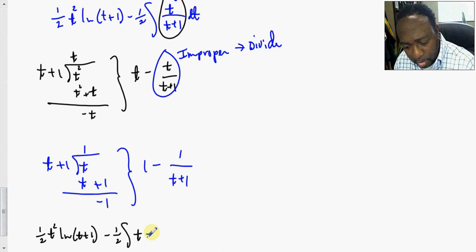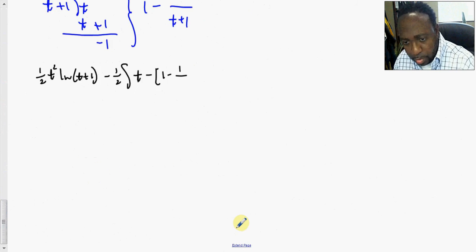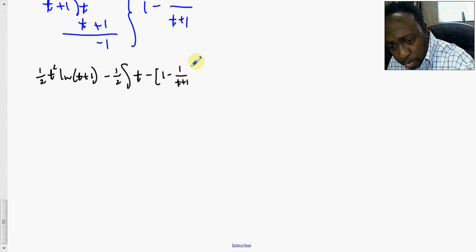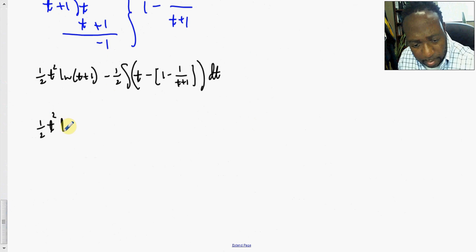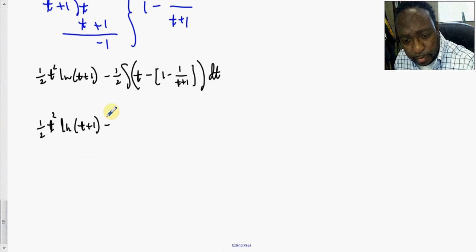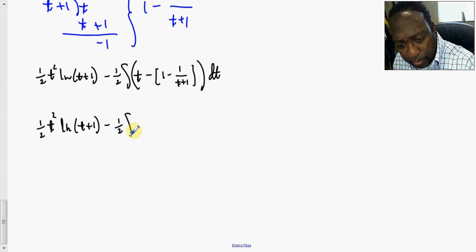So this is t minus t over t plus 1, which is 1 minus 1 over t plus 1 dt. Now we integrate here, everything else just comes down. So 1/2 t squared times the natural log of t plus 1, minus, let's simplify all of that, 1/2 times the integral of t minus 1 plus 1 over t plus 1 dt.